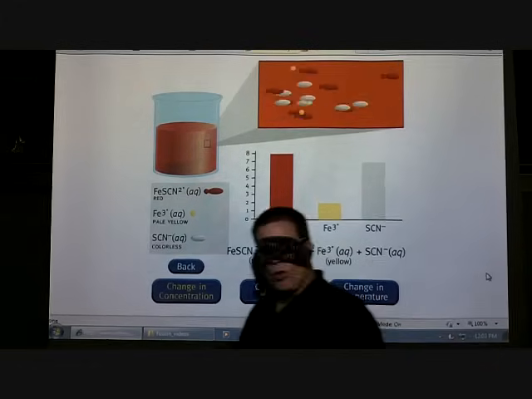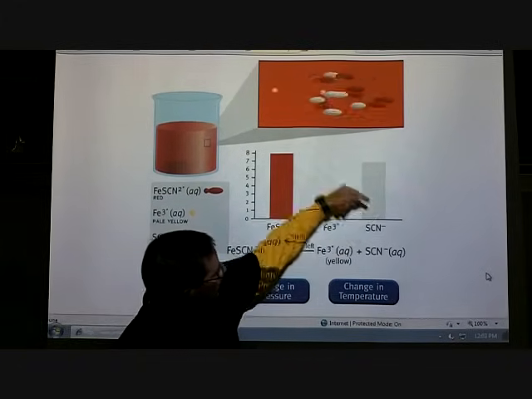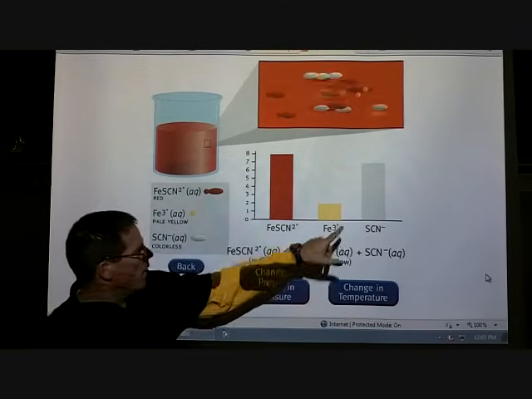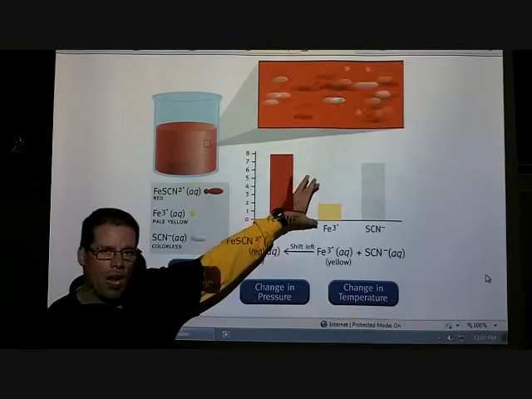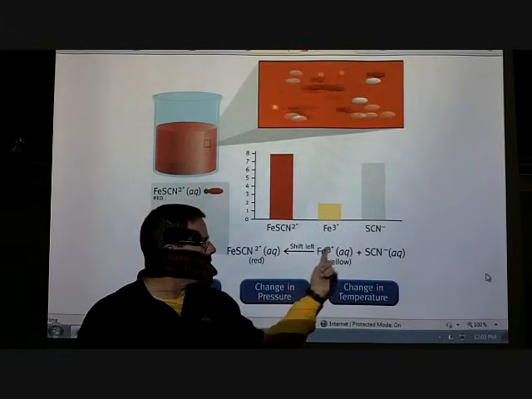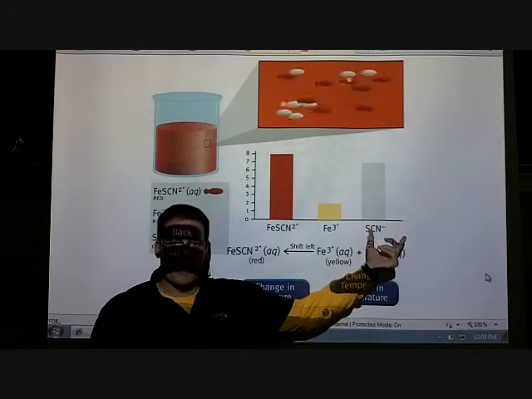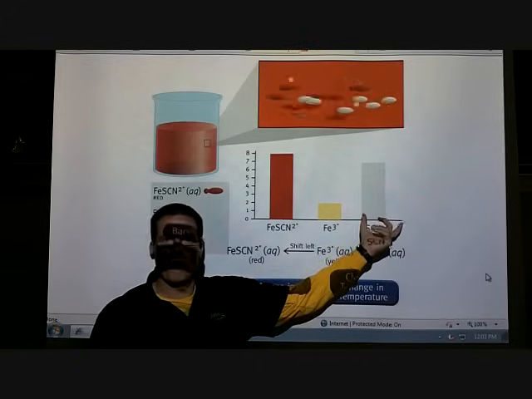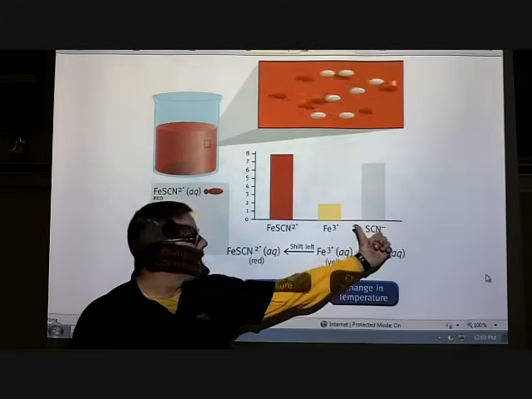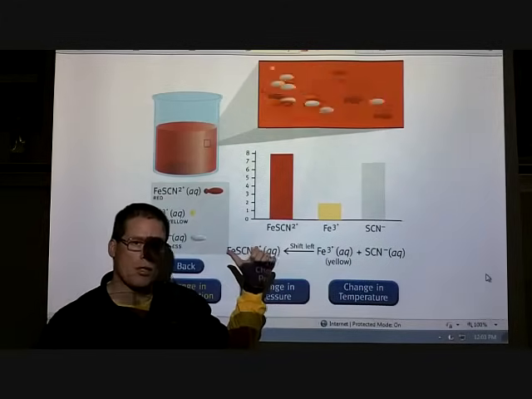All right, so you saw as the thiocyanate was added, it quickly came back down, but what happened to the concentration of the iron ions? Since both of these are considered products, after the system incorporated more of the thiocyanate ions, the reaction shifted away from the addition.